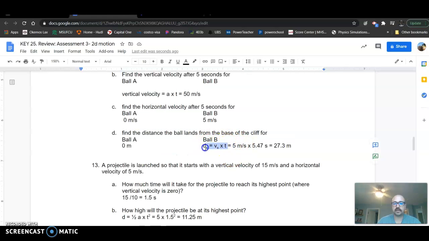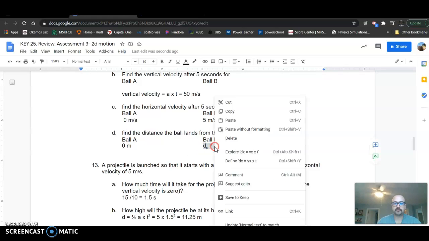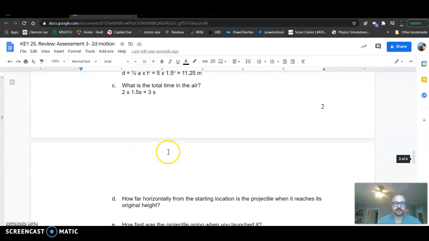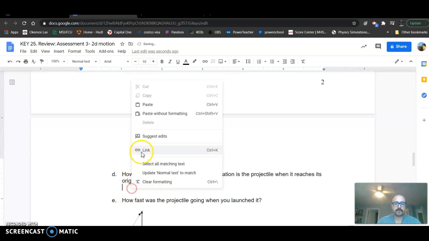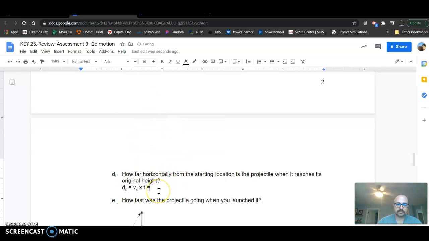Same thing, I can copy and paste this equation. And so that's going to give me, again, 5 meters per second times 3 seconds. And 5 times 3 is 15, so 15 meters away.